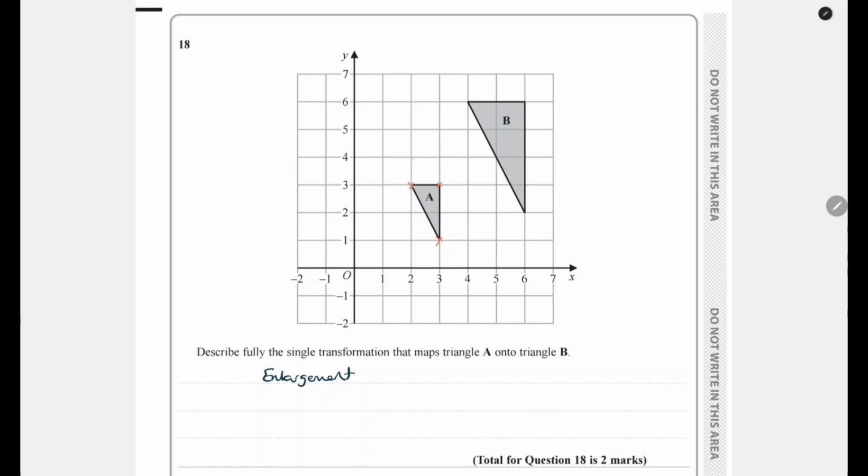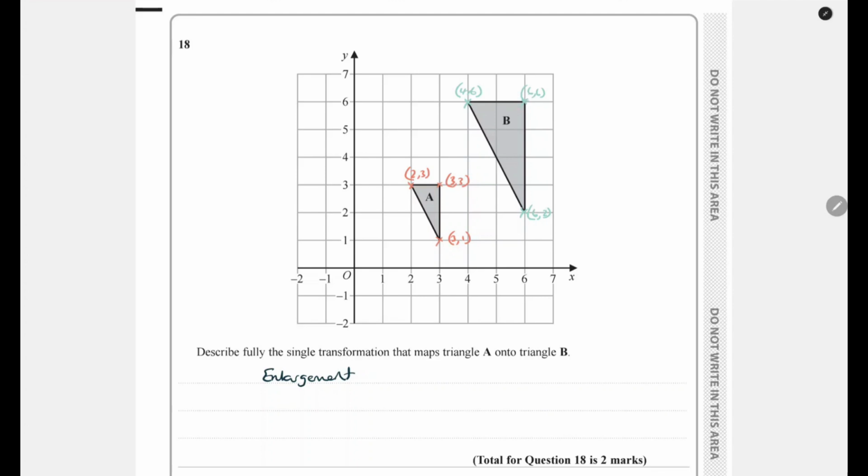So this point here we can see is 2, 3. This point here is 3, 3. And this point here is 3, 1. The corresponding points on shape B are 4, 6, 6, 6, and 6, 2.